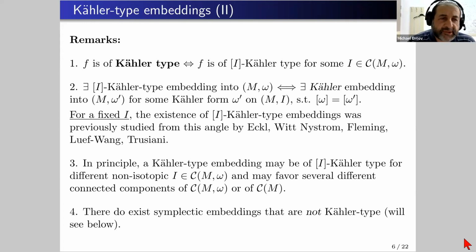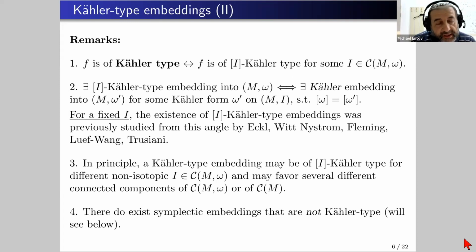Okay, but just for a second, going back to remark number 3, I would like to say that the connected components of the space is something very hard to get a grip on. For a general symplectic manifold, it's extremely difficult. So our applications for particular manifolds will concern only those rare manifolds for which the spaces are well known and well understood, or more precisely, the corresponding mirror spaces are well known and understood by previous work of complex geometers.